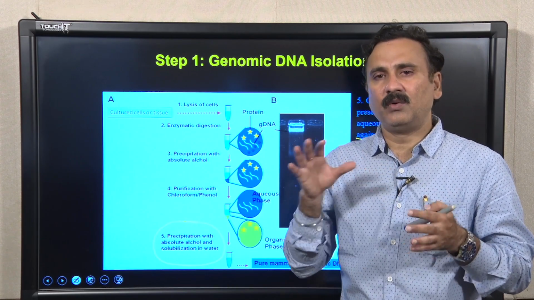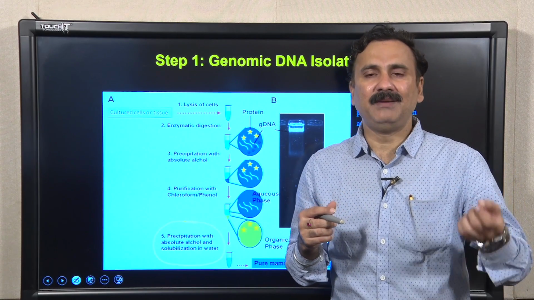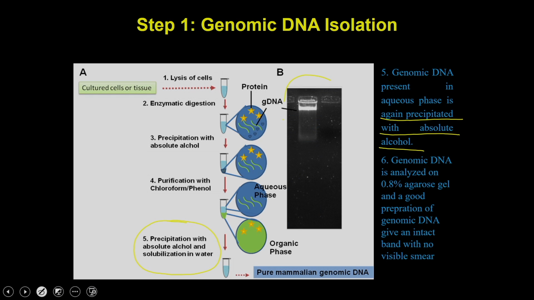So at the end, you are going to get the genomic DNA, and then you can make a small aliquot and run it onto the agarose gel, and it should give you the intact band of the genomic DNA.